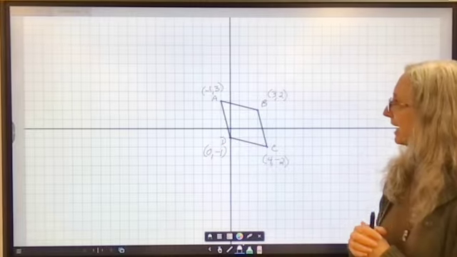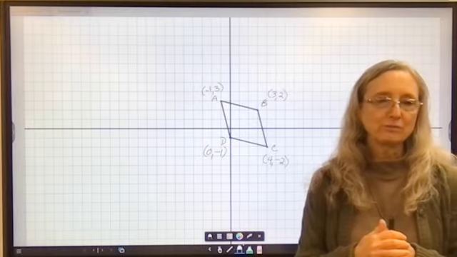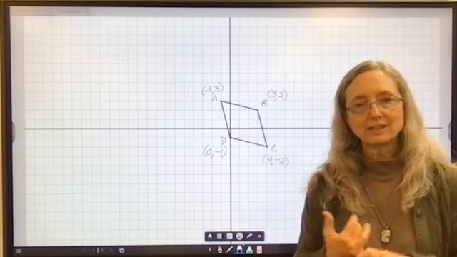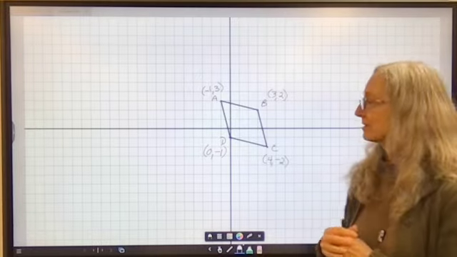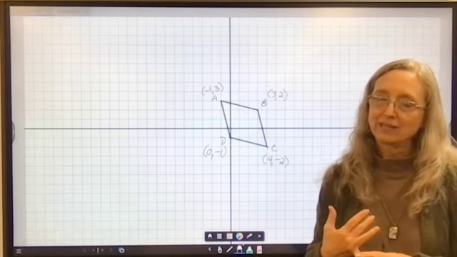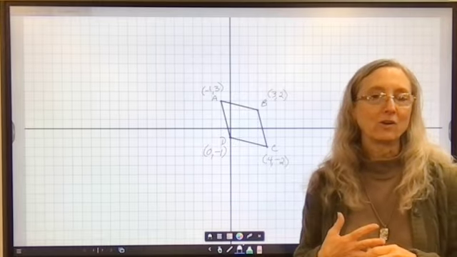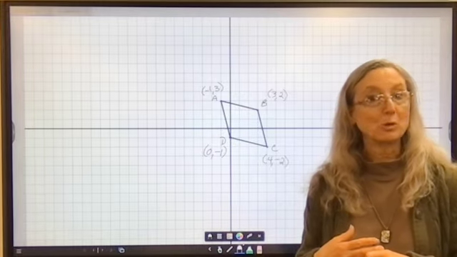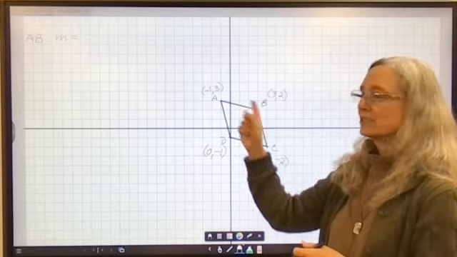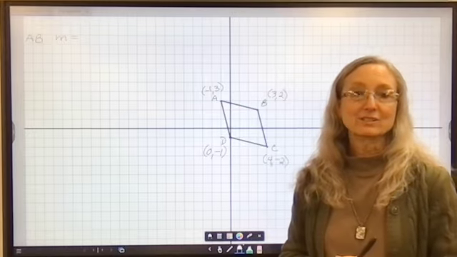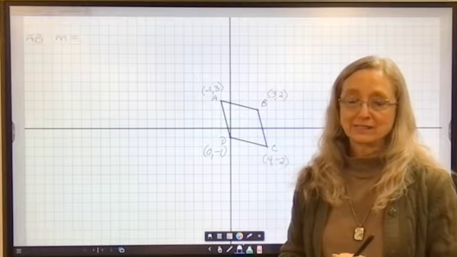So let's look at this one, and let's just look at the four sides. Let's check their lengths and their slopes, and then compare opposite sides to see, are they the same length and are they the same slope? Let's start with this segment here at the top, A to B, and let's just find the slope of that segment.